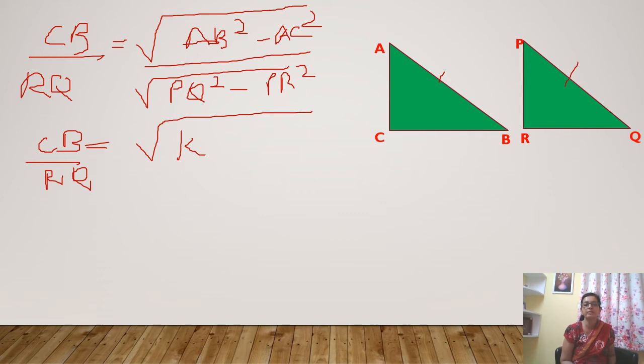So we'll replace AB squared with K squared PQ squared, which is already explained in the previous slide. Similarly, you can see that here AC is proportionate to PR. So we will replace this AC squared with K squared PR squared.